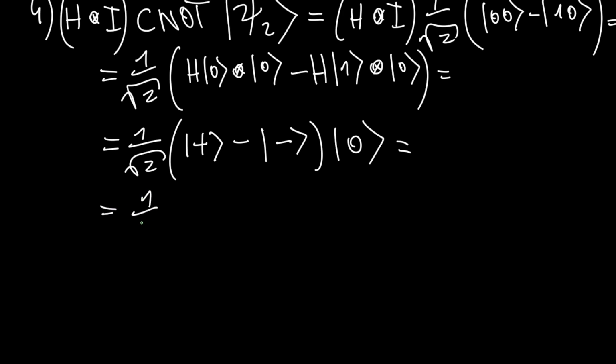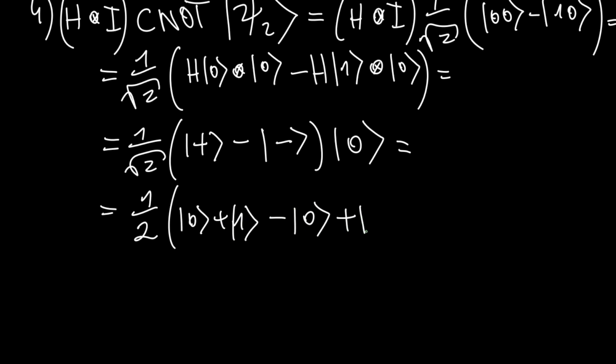So yeah, 1 over 2, and then this is 1 plus 0 plus 1, this is minus 0 minus 1, so 0 minus minus is plus 1, and then we have 0.